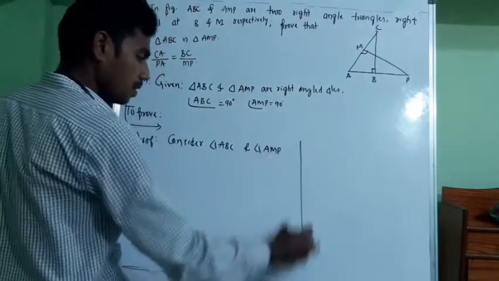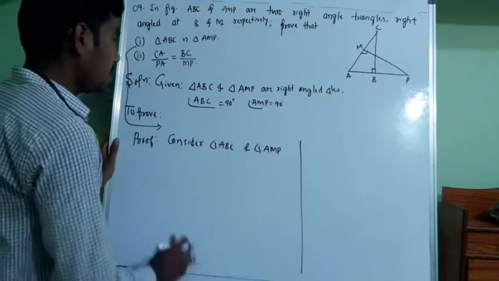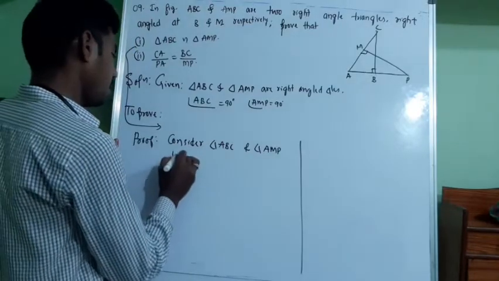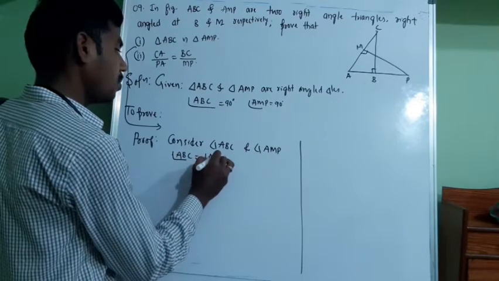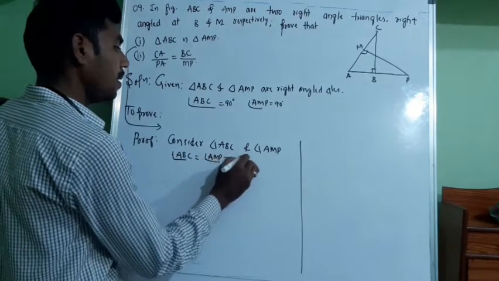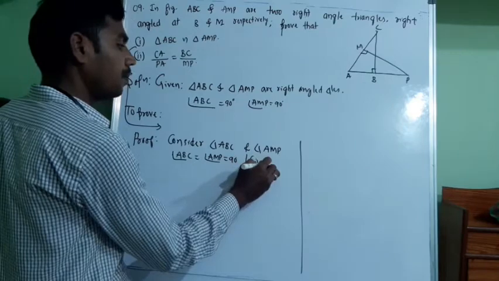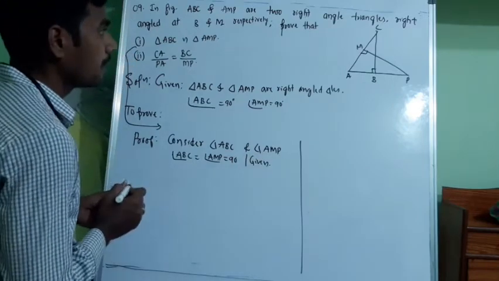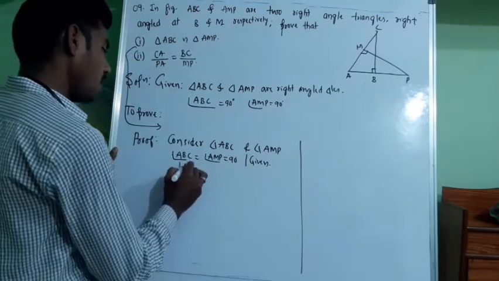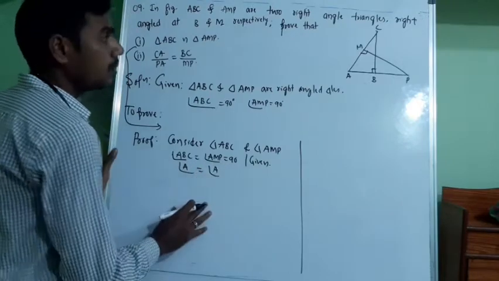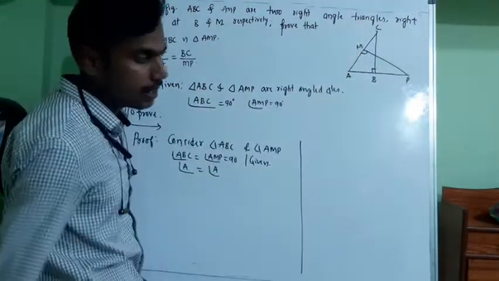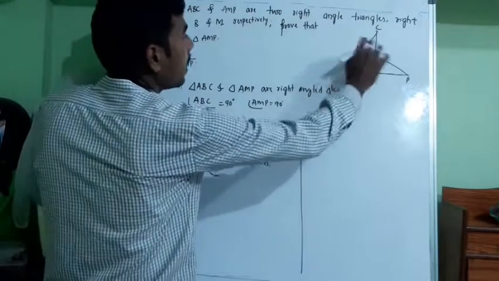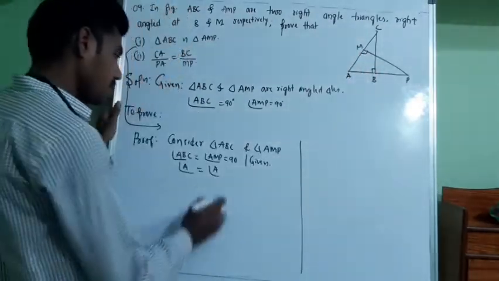Okay, so what can I write? Angle ABC is equal to angle AMP is equal to 90 degrees because it is given. Okay, next, angle A is equal to angle A. See, angle A is common in both the triangles. In triangle ABC, you can find angle A here. In triangle AMP also you will find angle A. So common angle.